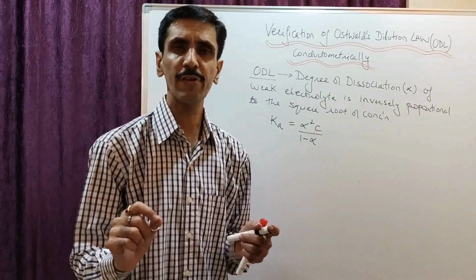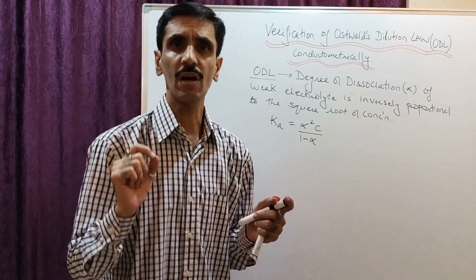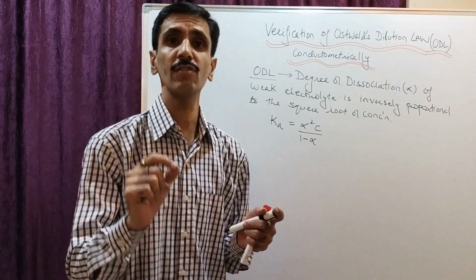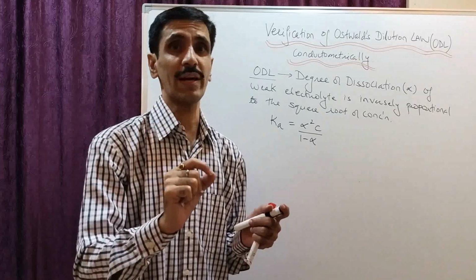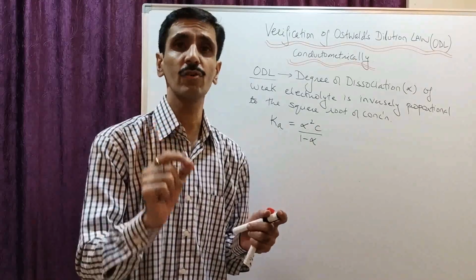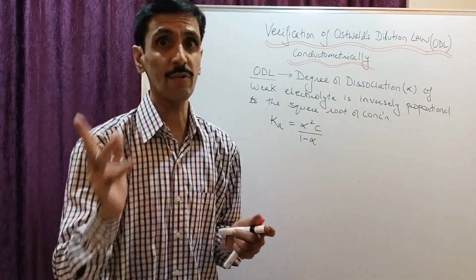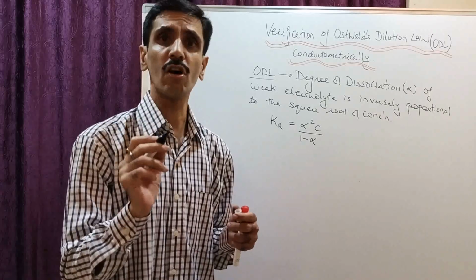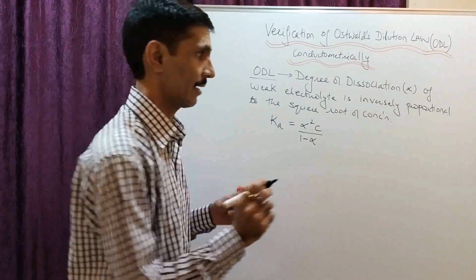Now this alpha is all about degree of dissociation. Whether it is a strong electrolyte or a weak electrolyte, the value of alpha is going to change. And how is it going to change?